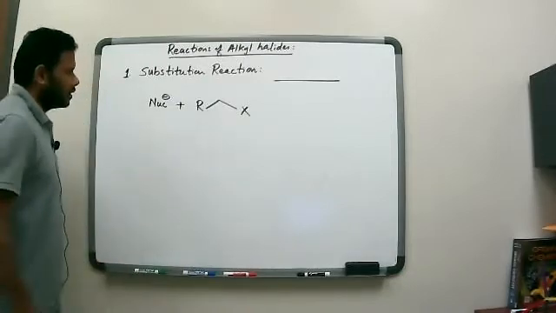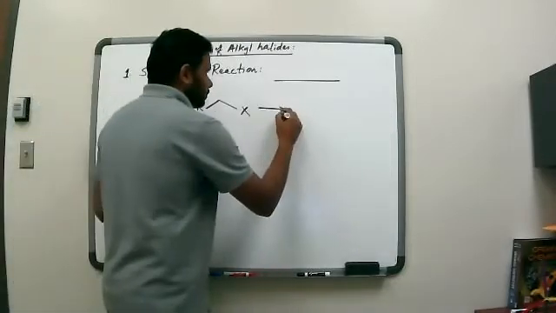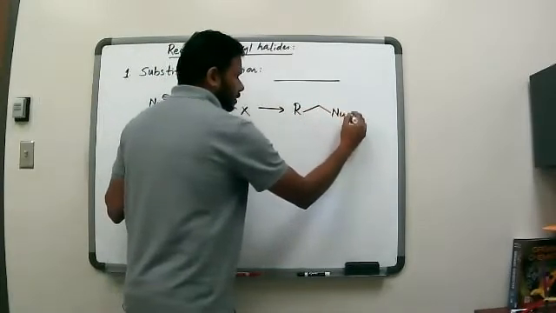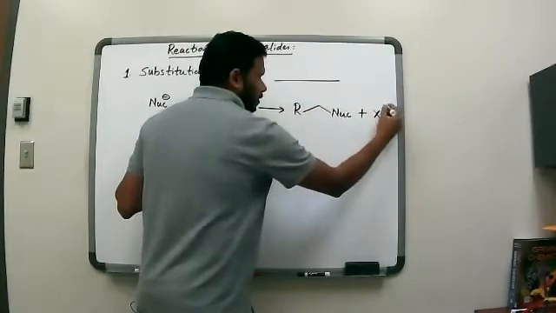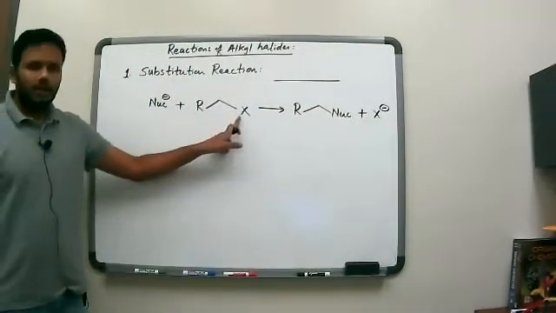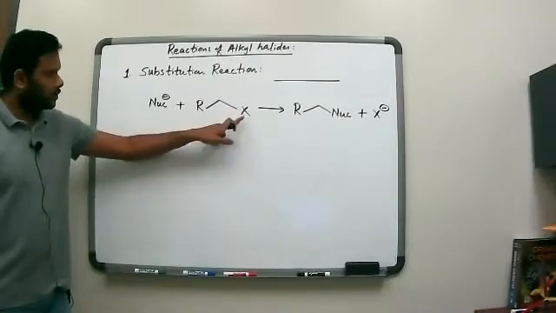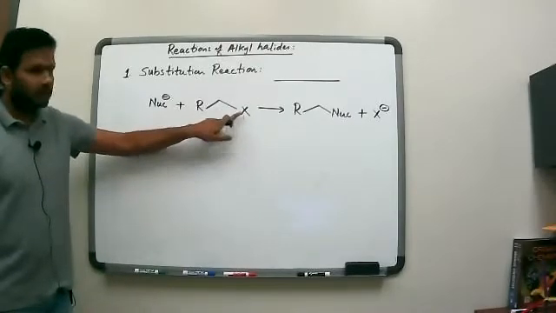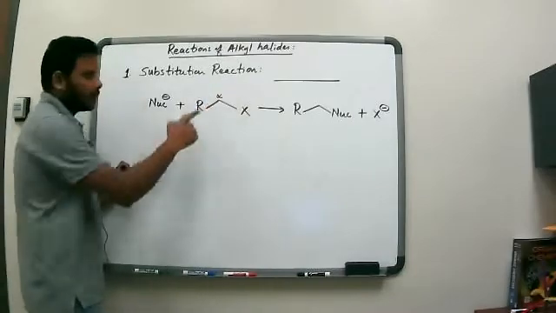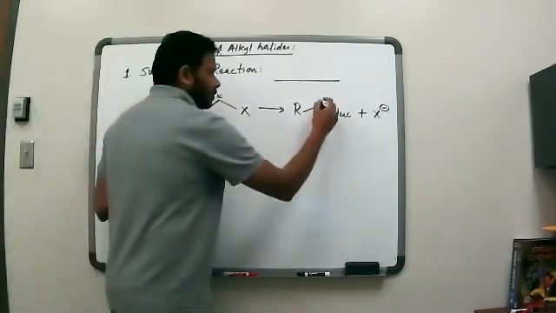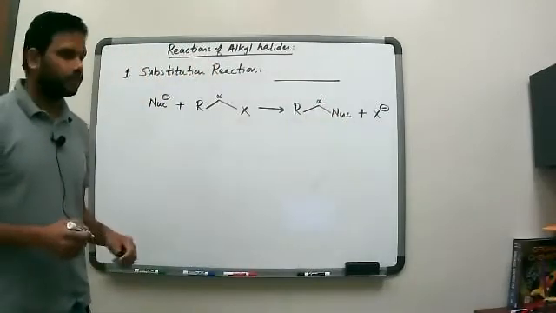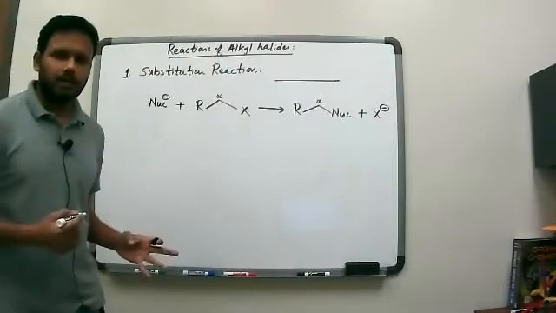What happens is we get a product where the nucleophile substitutes for the halogen. Wherever the halogen is connected to the alpha carbon, the nucleophile is now connected to the alpha carbon. This is the overall reaction.